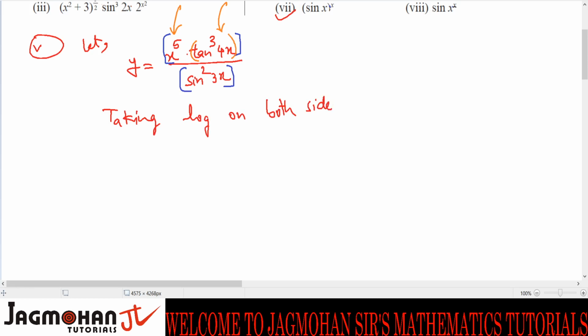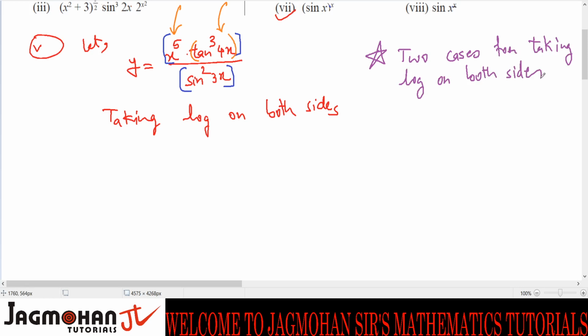Here one point I would like to make a note of. There are two cases when we take log on both sides. What was case 1, students?